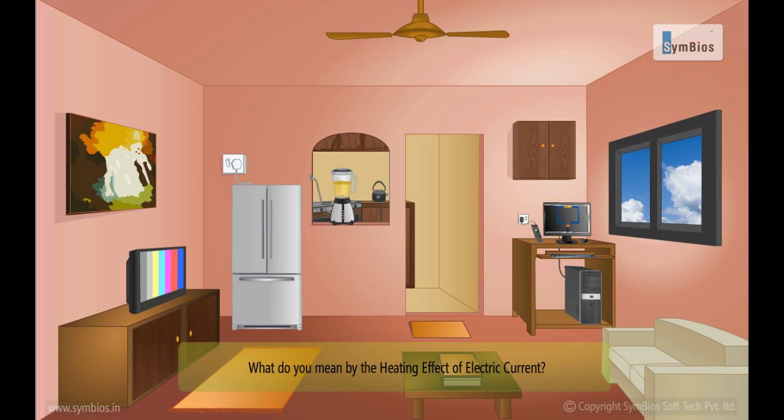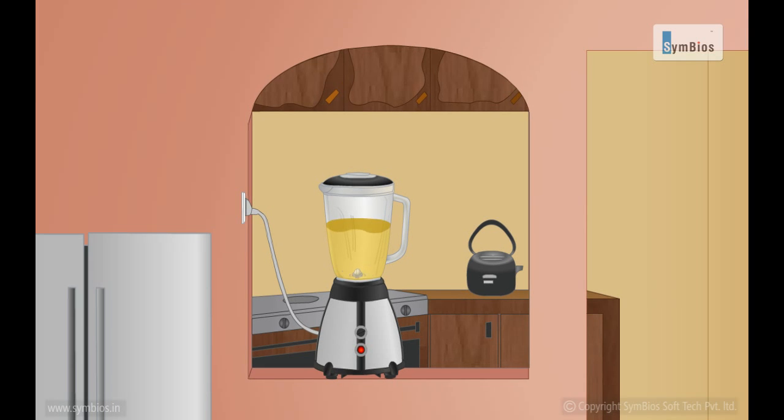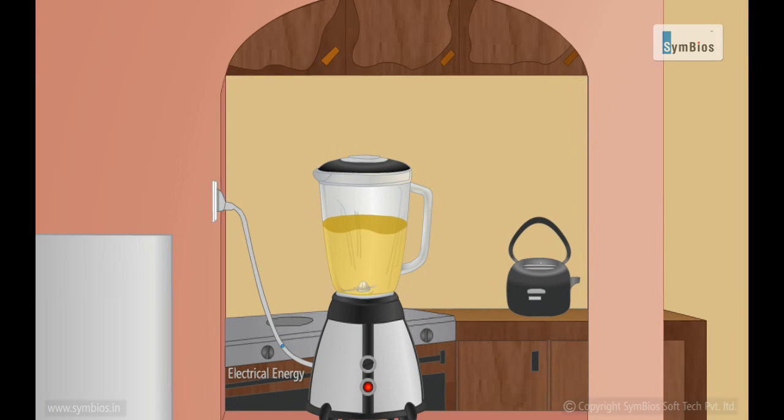What do you mean by the heating effect of electric current? The energy can be transformed from one form to another. When current passes through an appliance such as a mixer, it gets electrical energy. What happens to this energy? Where does it go?